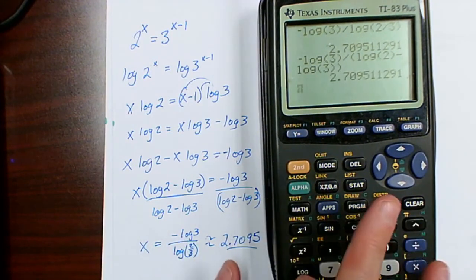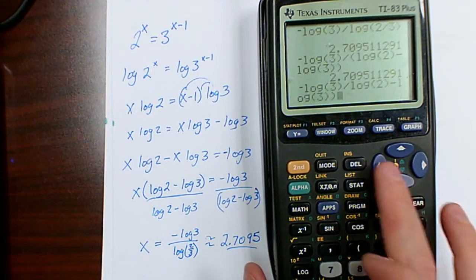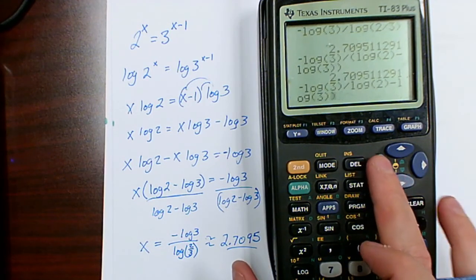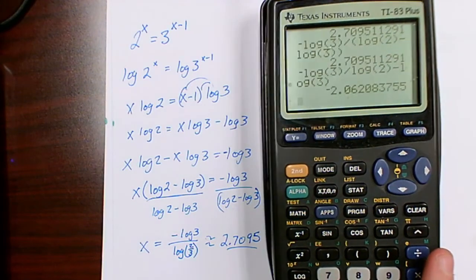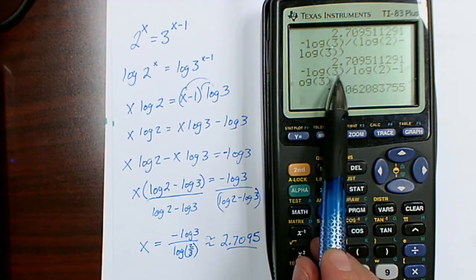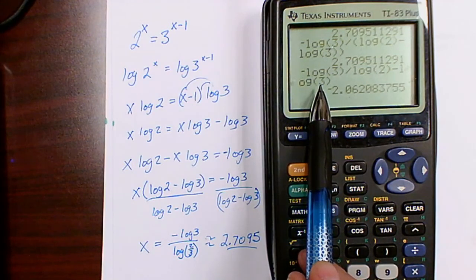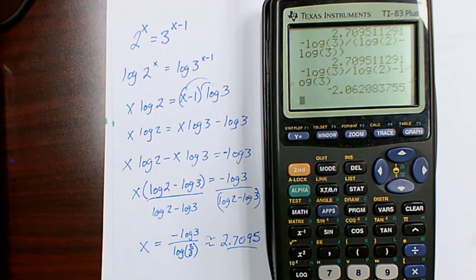Otherwise, if I leave out those parentheses, we get a totally different answer. See, we get a different answer because what it's doing is dividing these two and then subtracting this log 3 off. So make sure if it's in the denominator, you put it in parentheses, or just use your knowledge of the quotient rule.